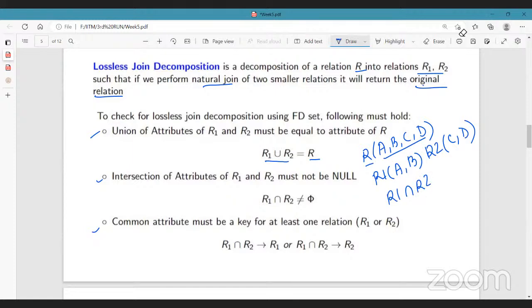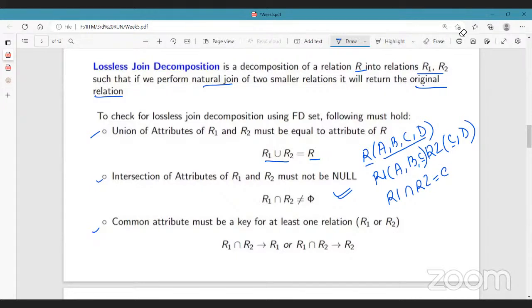Because there are no common attributes. Say for example, if we had C in the R1 relation, would this particular rule be satisfied? Yes, because C is a common attribute, right? So this is how this particular rule works.